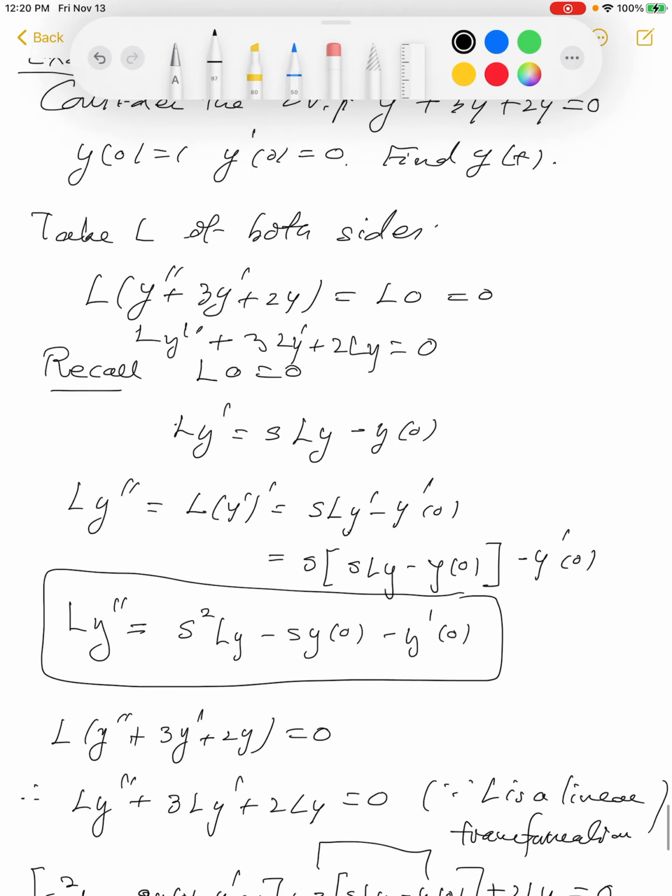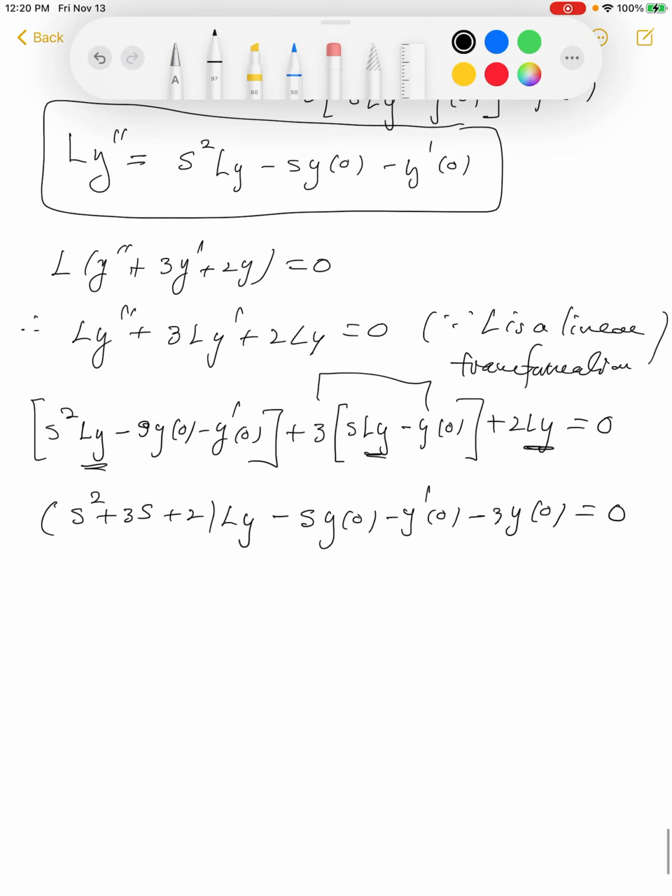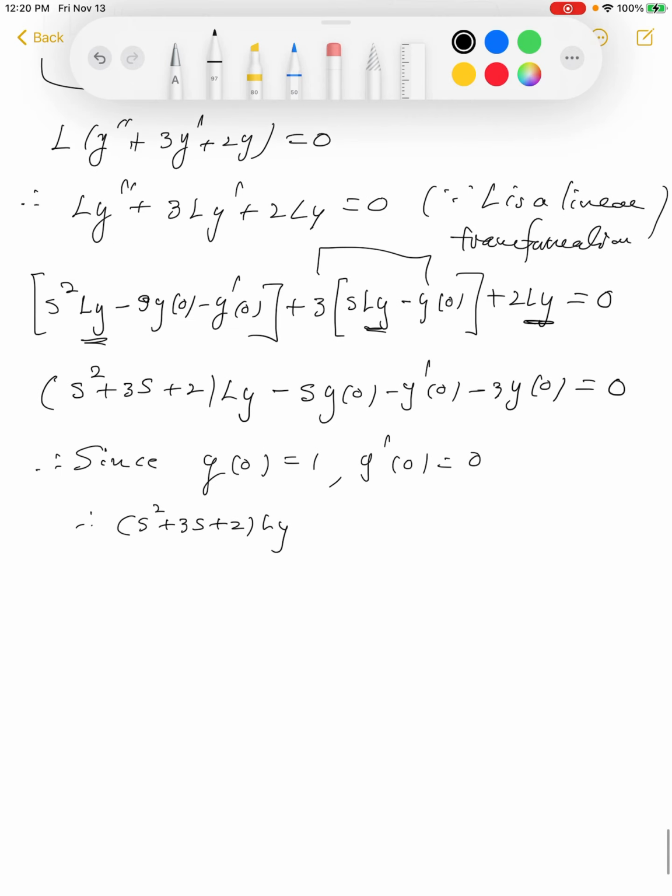Now you know your initial conditions. y0 is given to be 1, y prime 0 is 0. So since y0 is 1, y prime 0 is 0, we get s squared plus 3s plus 2 times Ly equal to, let's do it slowly, minus s, y prime 0 is 0, minus 3 equal to 0.